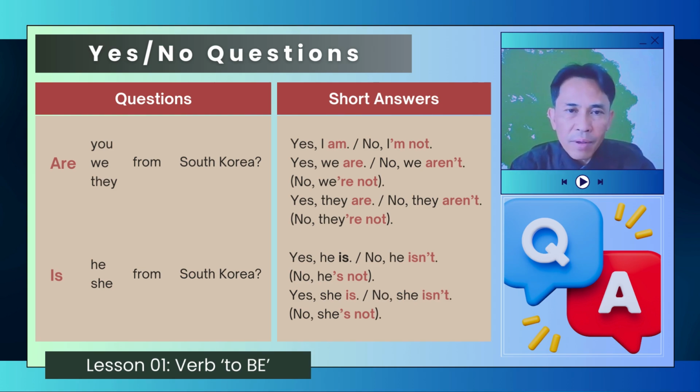Are we from South Korea? You could say, yes, we are. Or, no, we aren't. Or, no, we're not. Are they from South Korea? You could also easily say, yes, they are. Or, no, they aren't. Or, no, they're not. Now, let's look at he and she. Is he from South Korea?